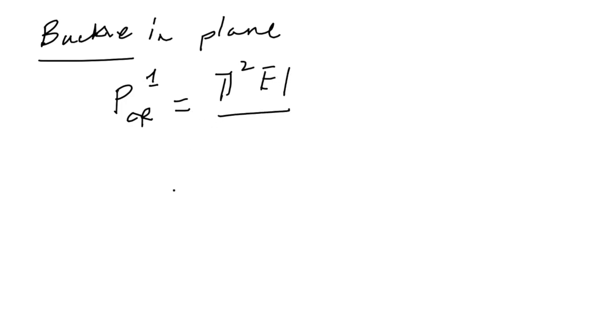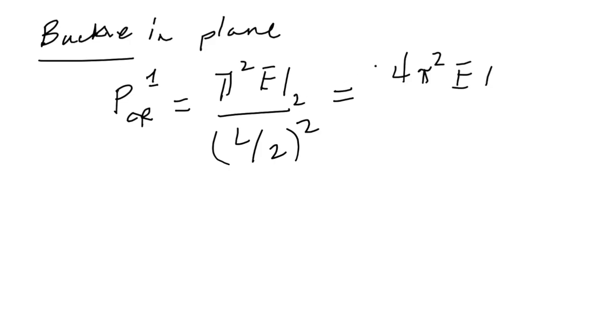And now the length, notice, is just L over 2 because of those additional supports at the midpoint, which gives us 4 pi squared E I2 over L squared, which, if you plug everything in, is 220 kilonewtons. Okay, so that's in the plane.